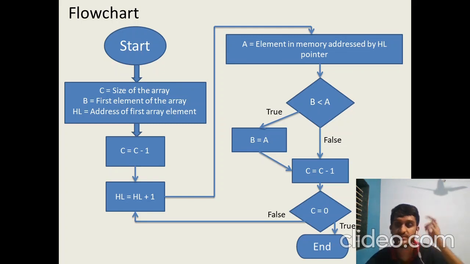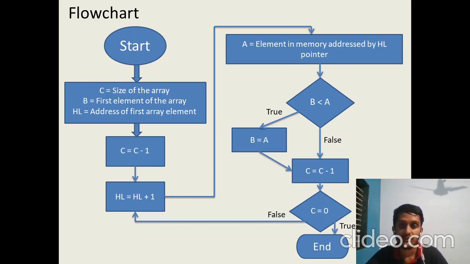The HL register pair holds a 16-bit address that points at the memory, and our array is stored in the memory. Suppose, for example, we have 10 elements, then I can store the array from memory 1001 to 1010, so that each of these addresses holds an individual array element.